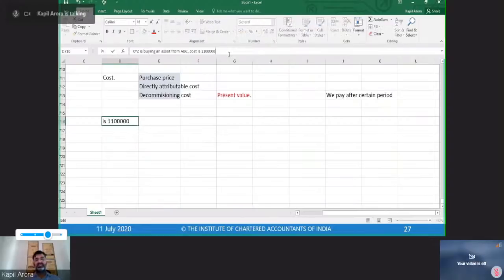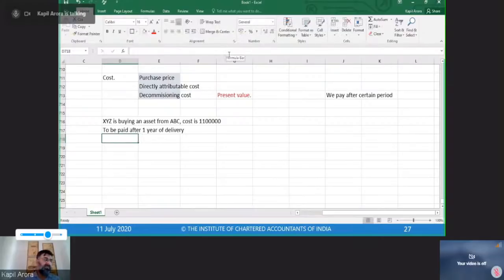Cost is 11 lakh to be paid after 1 year of delivery. I have discussed with my vendor ABC. I asked him that the cost of the asset, which is 11 lakh, I will pay that amount after 1 year of delivery. I can't pay that right now.